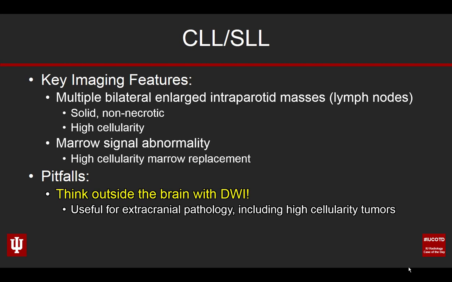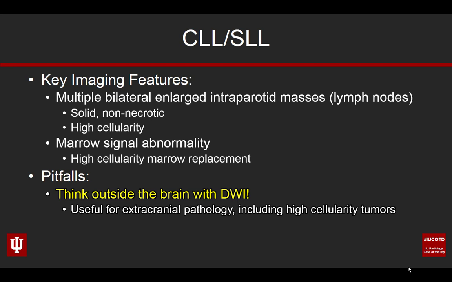A couple pitfalls. Again, diffusion-weighted imaging is a great tool. It's not just for brains and strokes. Think outside of the brain. I think it can be very useful for looking for extracranial pathology, including those high cellularity tumors. You get really good signal to noise ratio in the sense that you null out a lot of the stuff.